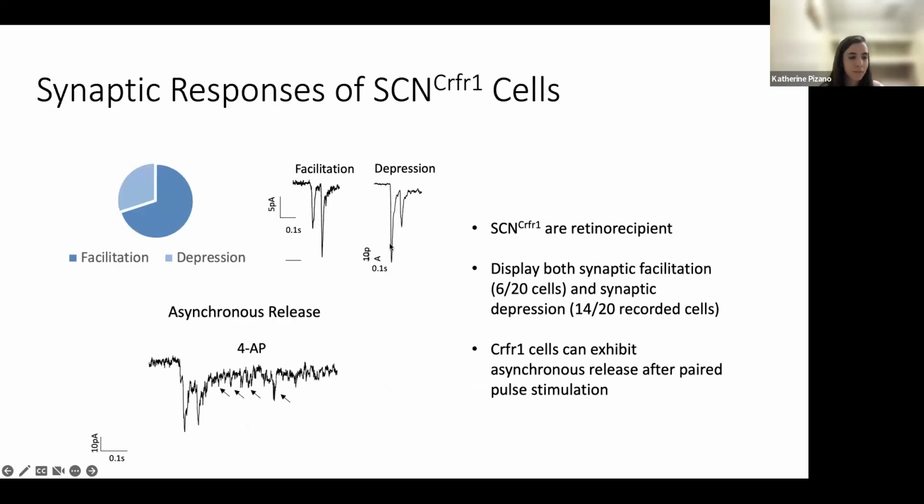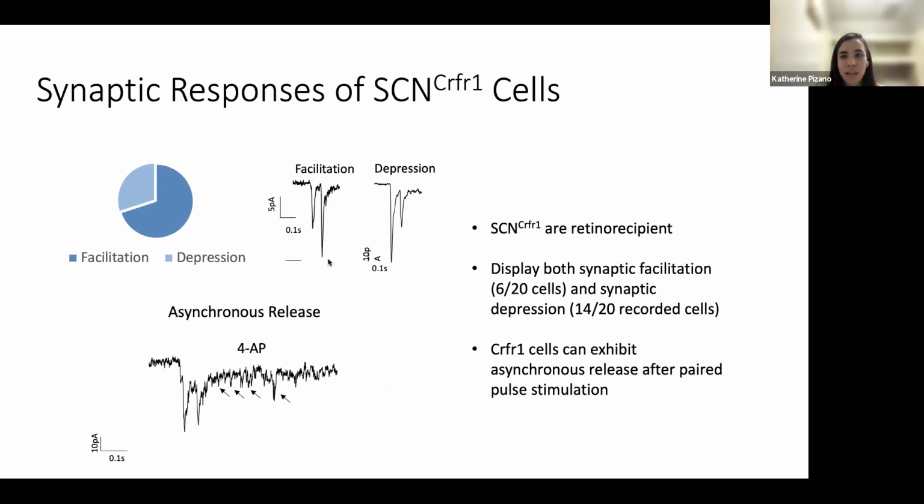The first thing we wanted to do with this experiment was to characterize the overall responses of these cells to this optogenetic stimulation. And we confirmed that these CRFR1 cells are in fact retinorecipient.